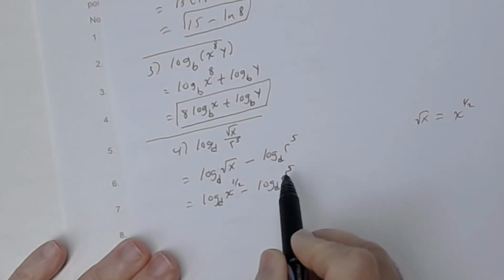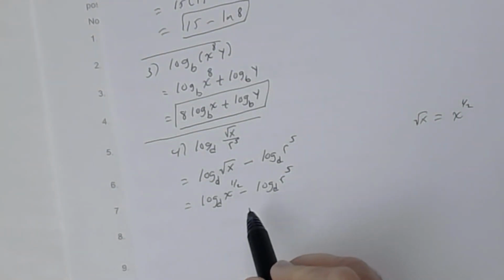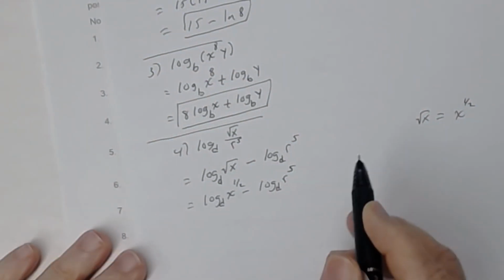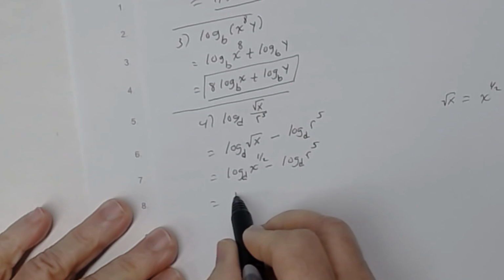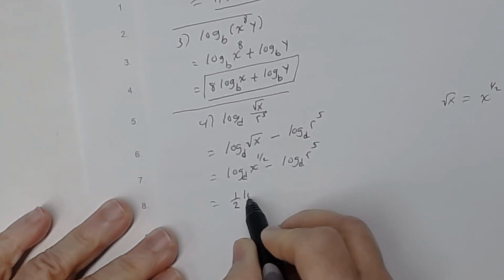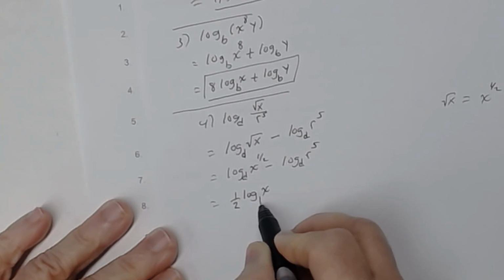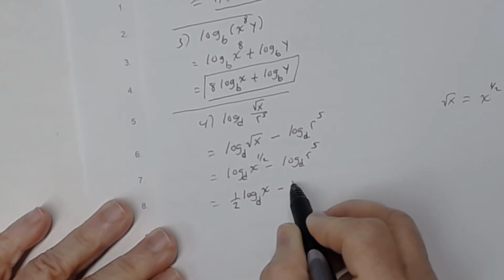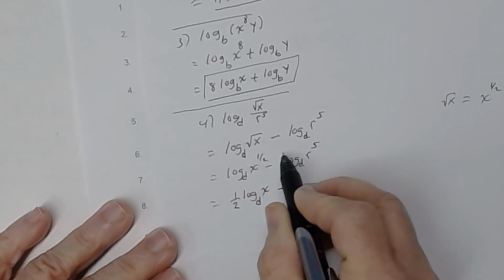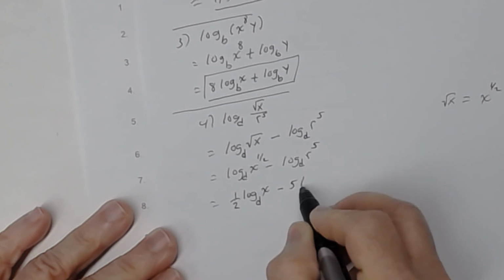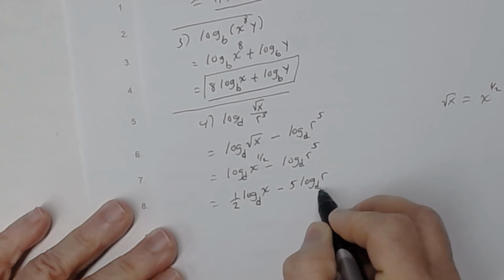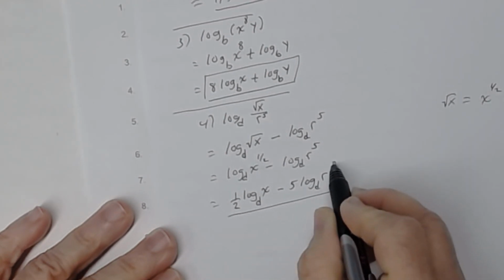And now I can take each of those exponents and use the power rule and write as a product. So then this becomes 1/2 times the log of x base d minus 5, the exponent, pull the exponent out in front, 5 times the log of r base d. And that's your answer.